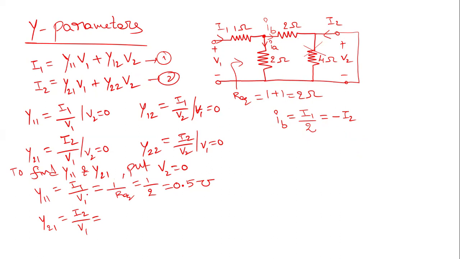Now we know the relation between V1 and I1: V1 by I1 is 2, so V1 equals 2I1. So we have the relation for I2 by V1.